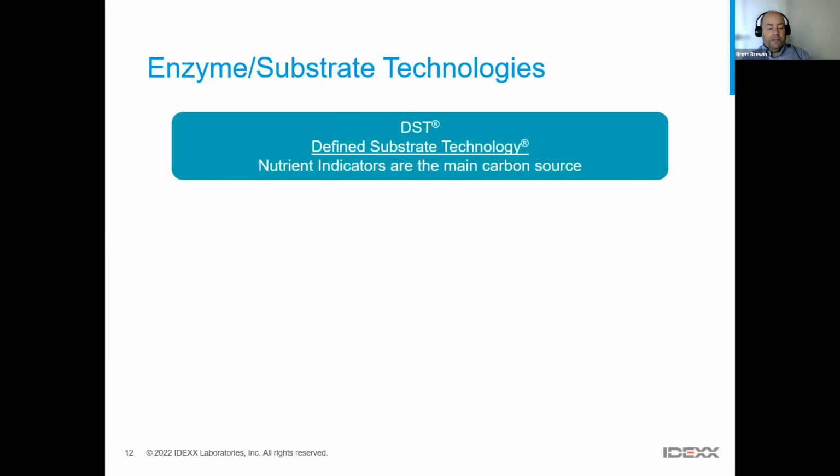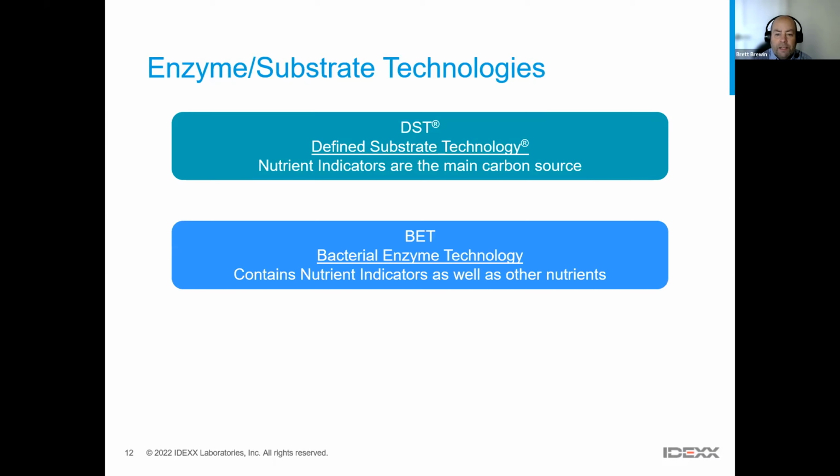So looking at IDEXX technologies, we have 3 enzyme substrate technologies. Defined substrate technology is the first. This is where the nutrient indicators within the reagent are the main carbon source. We also have bacterial enzyme technology, which again contains primary nutrient indicators, but there are some other nutrients in there.